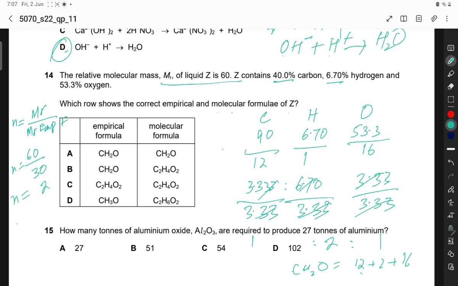Molecular formula is equal to n multiplied by the empirical formula. n is 2, empirical formula is CH2O. This is equal to C2H4O2. So B option is correct.